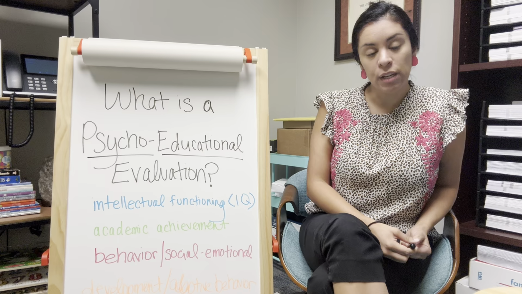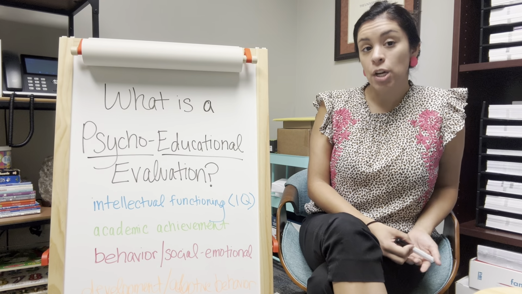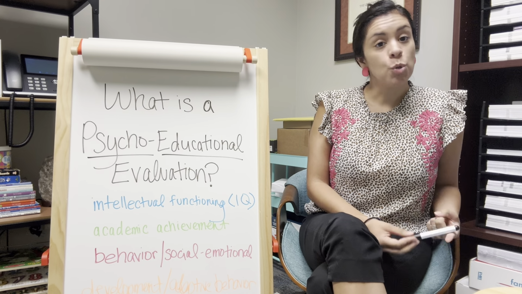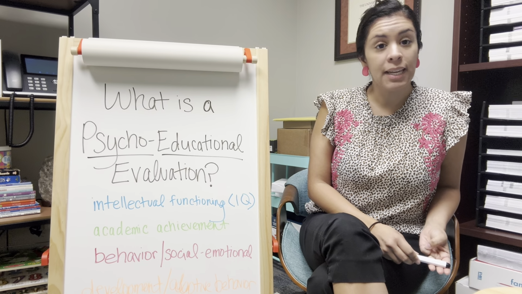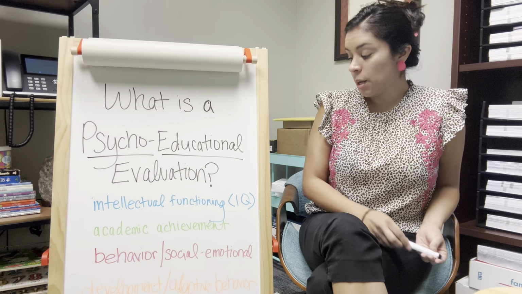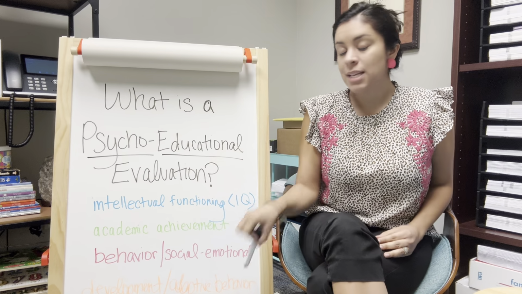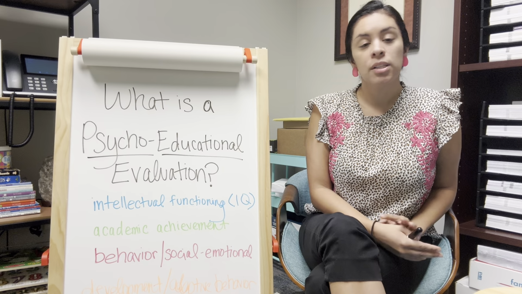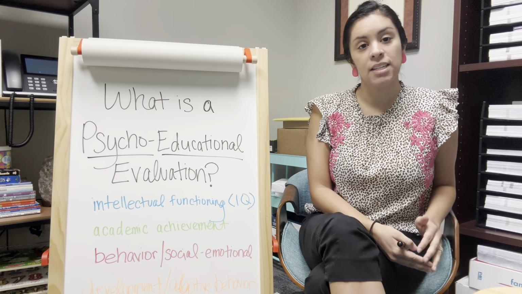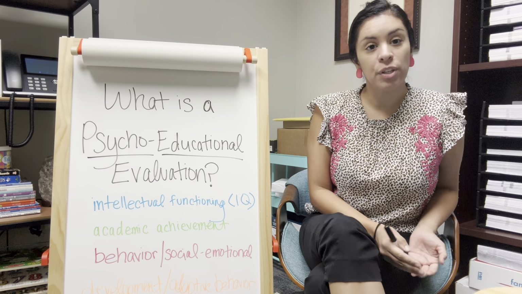Adaptive behavior would include self-care skills such as toileting, dressing, how they play and interact with others. Again, this last piece can vary widely depending on the child's age, level of development, and the area of concern.